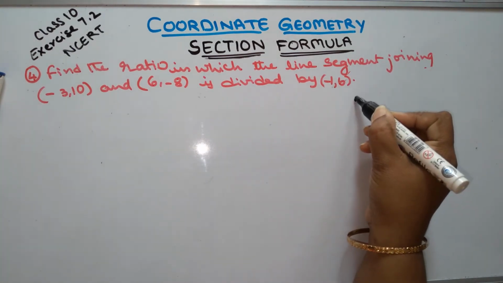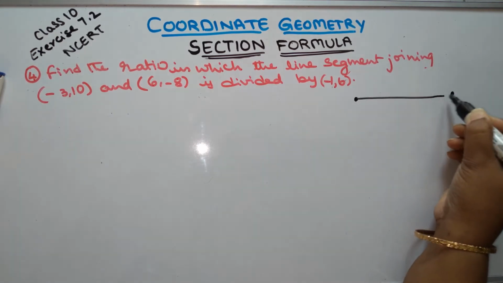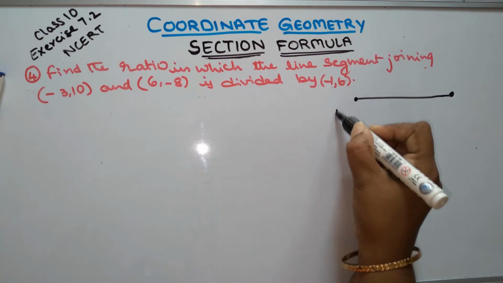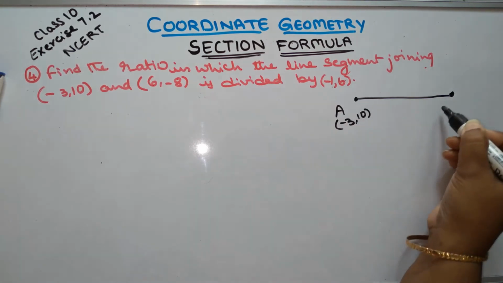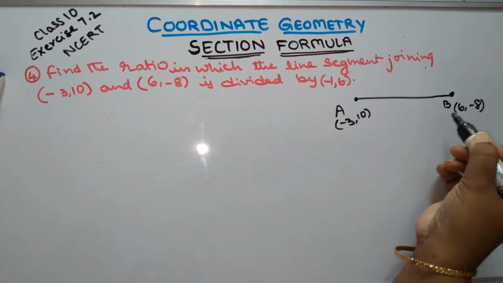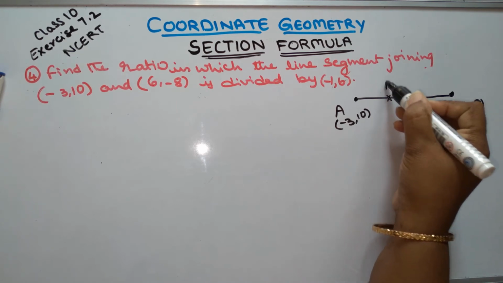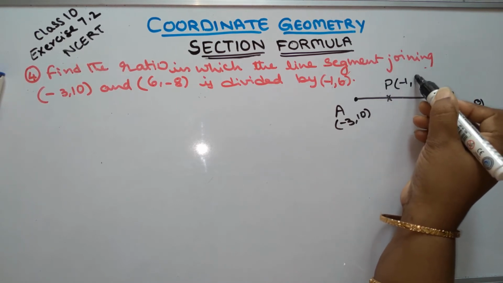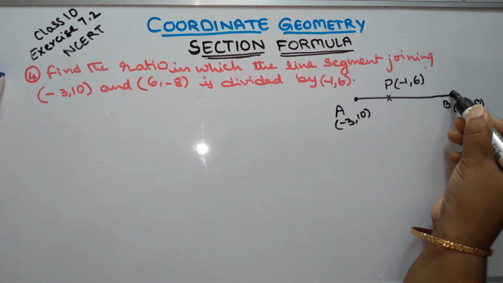Here, a line segment AB is given with coordinates A (-3, 10) and B (6, -8), and a point, say P, somewhere here with coordinates (-1, 6) is dividing the line segment AB.